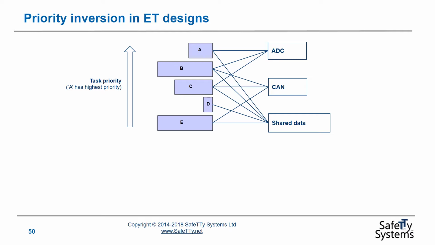We assume that we've got some shared resources here. So we assume, for example, in this design initially, that task A, task B, and task C all require access to an ADC unit. They're probably using different channels in the ADC, but we assume they all require access to the ADC unit.